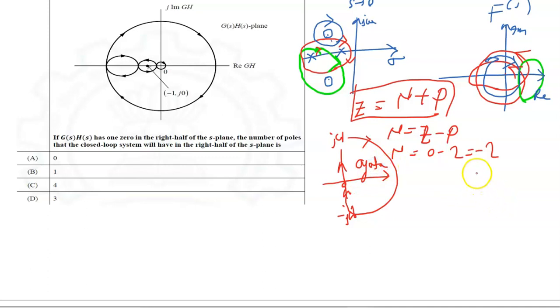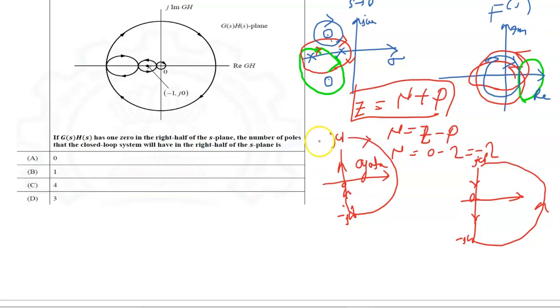In some books they define the Nyquist path as j infinity to 0, then minus j infinity, then an infinite radius to cover the whole of the right half S plane.